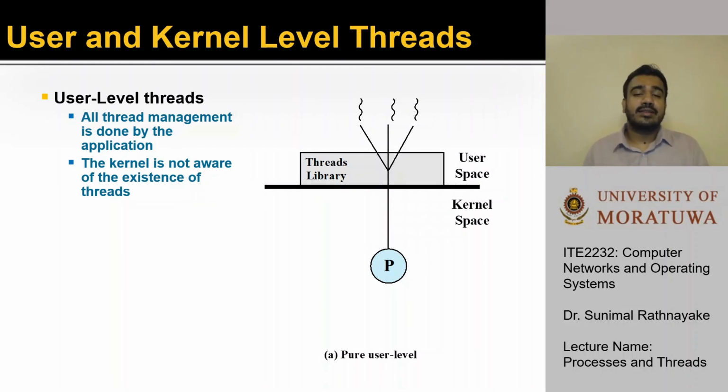So for example, let's say we have one process at the user space, and this user process is just one. It is allocated to a processor. In the kernel space, you can see that process, and within the process there are many user level threads.